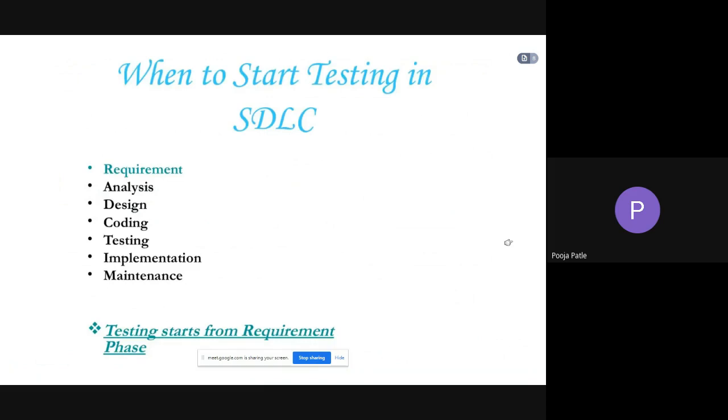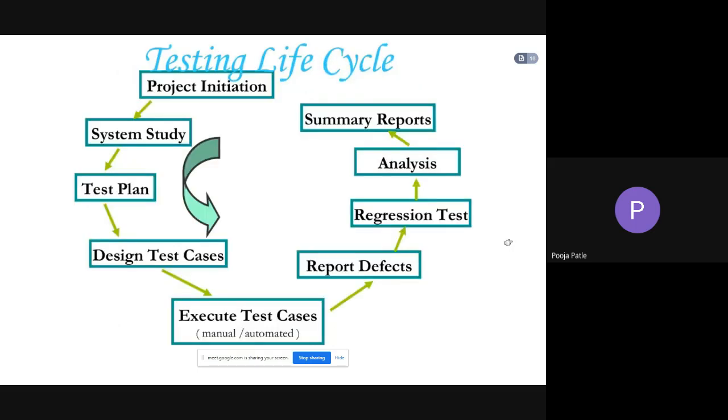Importance of testing in SDLC. We'll see here the SDLC cycle, but first we'll see when to start testing in the SDLC. So here: requirement analysis, design, coding, testing, implementation and maintenance. Testing starts from the requirement phase itself.